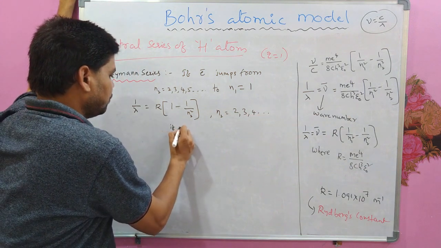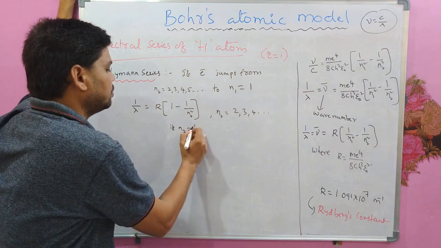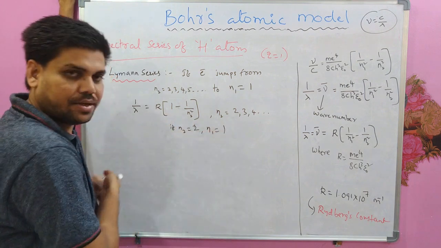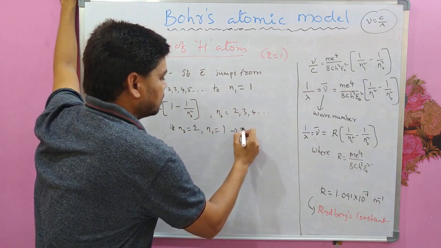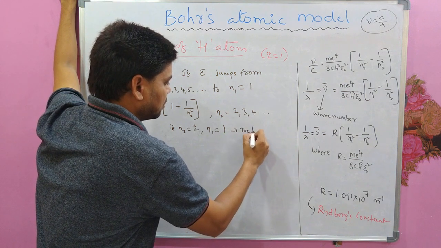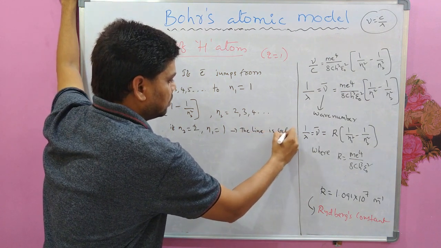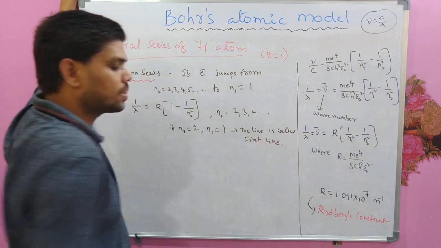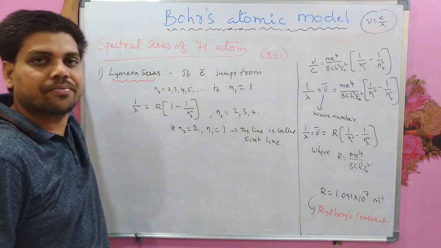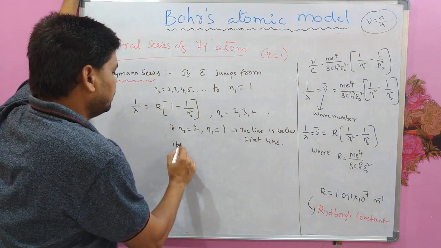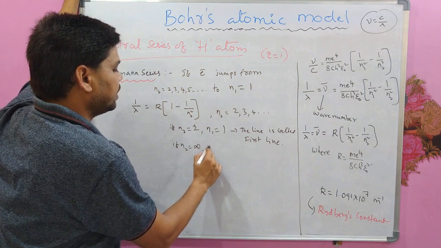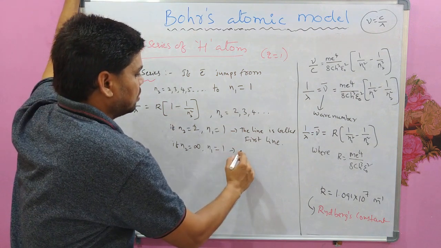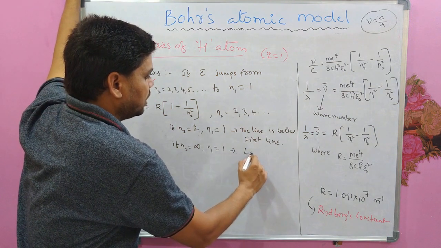If N2 equal to 2 and N1 is equal to 1, obviously, then the line is called the first line in Lyman series. And if N2 equal to infinity and N1 equal to 1, meaning the last orbit, this is called the last line.